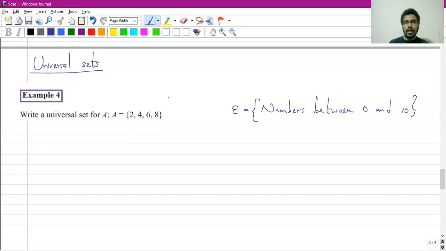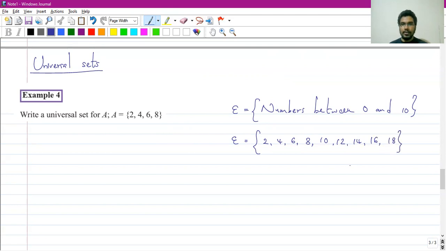Even you can write another universal set this way. The special thing is you must include all these elements inside this universal set: 2, 4, 6, 8, and also you can take another 10, 12, 14, 16, 18.